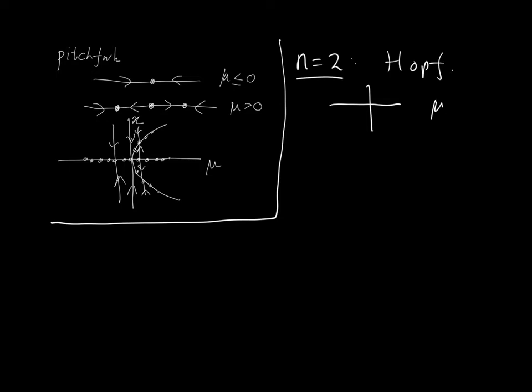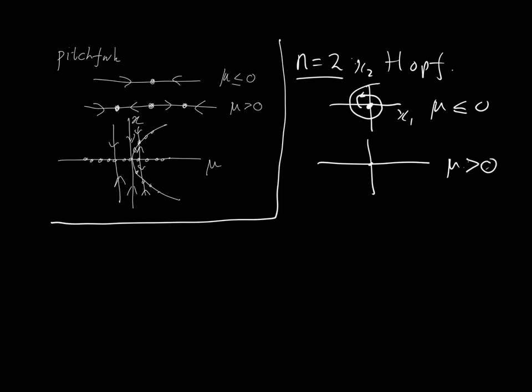When mu is less than 0, we have an attracting fixed point, say at 0. This is 2D, so this is x1, x2. When mu is equal to 0, that still holds, like in the pitchfork bifurcation, so I won't draw that. Let me just say that it holds when mu is less than or equal to 0.